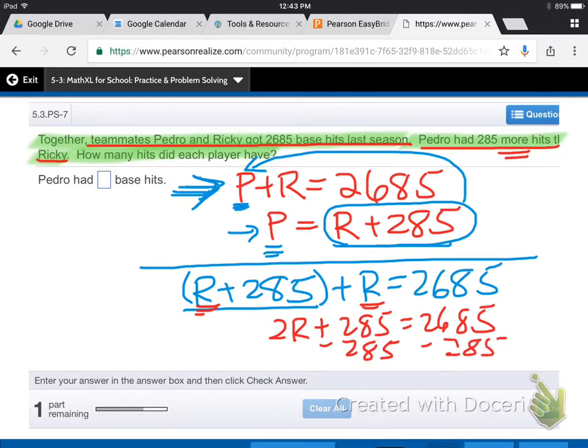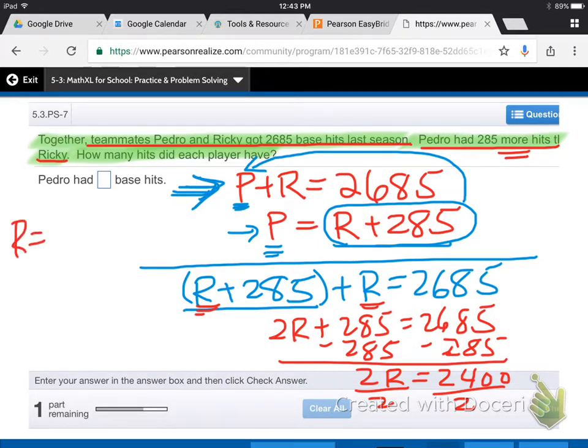We know how to solve equations because we've already studied this. And we get 2R equals 2,400. Now we're going to divide both sides by 2, and we get R equals 1,200. That means that Ricky got 1,200 base hits.